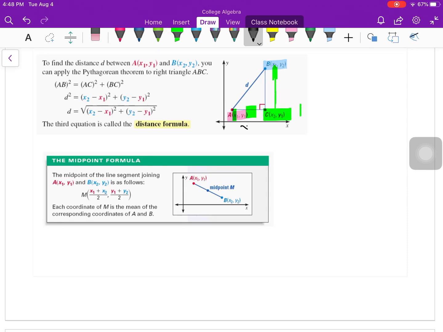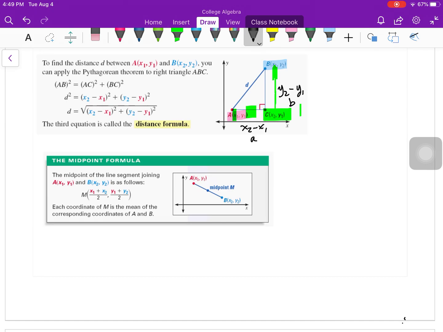So if I use Pythagorean's theorem, a squared plus b squared equals c squared. Well, the difference between x1, y1 and x2, y2 is x2 minus x1. There's my a. The difference between b and c, my y, is, well, x2 minus x2 is 0, so y2 minus y1 is my b.